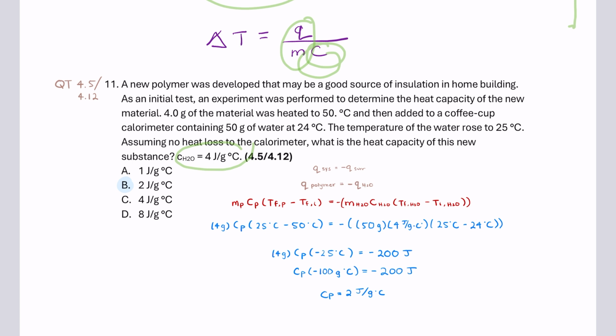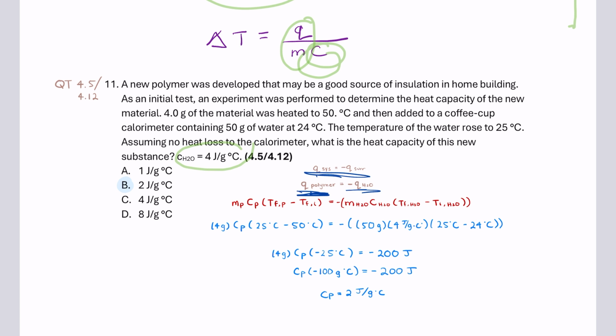When 2 substances come into thermal contact, the heat lost by the hotter substance is equal in magnitude and opposite in sign to the heat gained by the cooler one. So we can write heat lost by the polymer equals negative heat gained by the water, or Q of polymer equals negative Q of water.